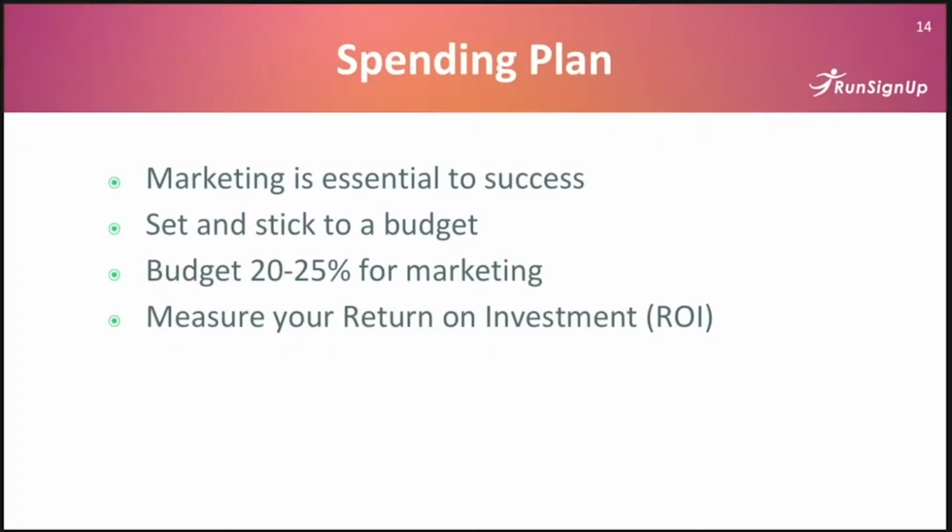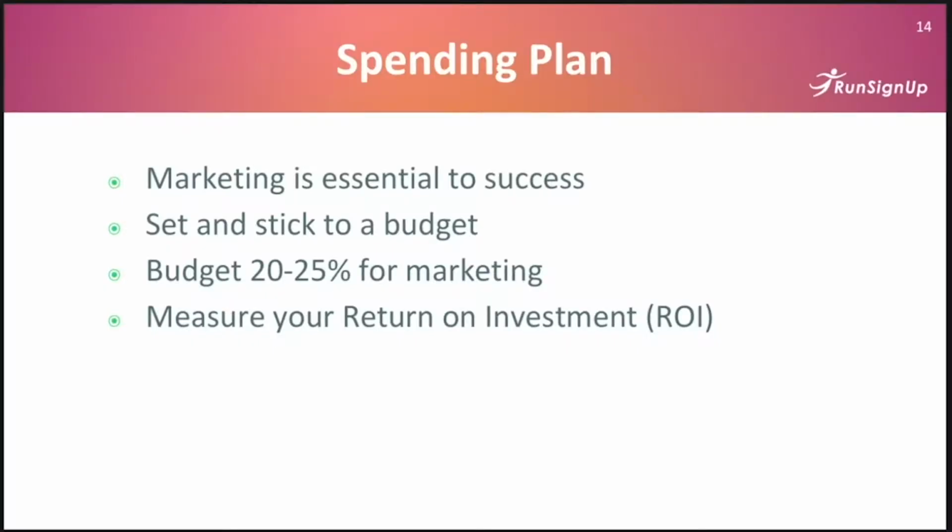The spending plan, this is kind of, I guess, not the dark side of this, but you do have to spend money. And marketing is essential to success. But if you look at it, you're always marketing, whether you're answering a participant email or reaching back out to somebody. If you're always marketing to somebody, you don't have to always spend money. It can be in answering a simple question.